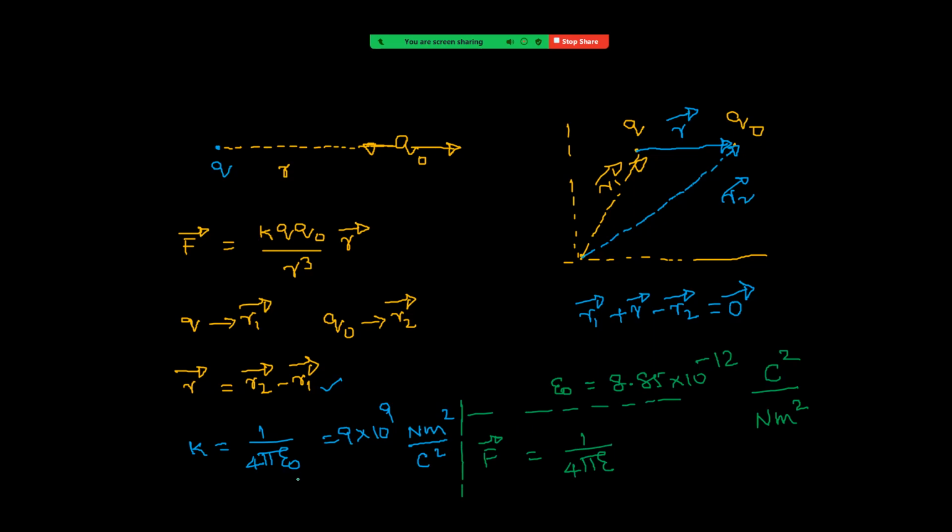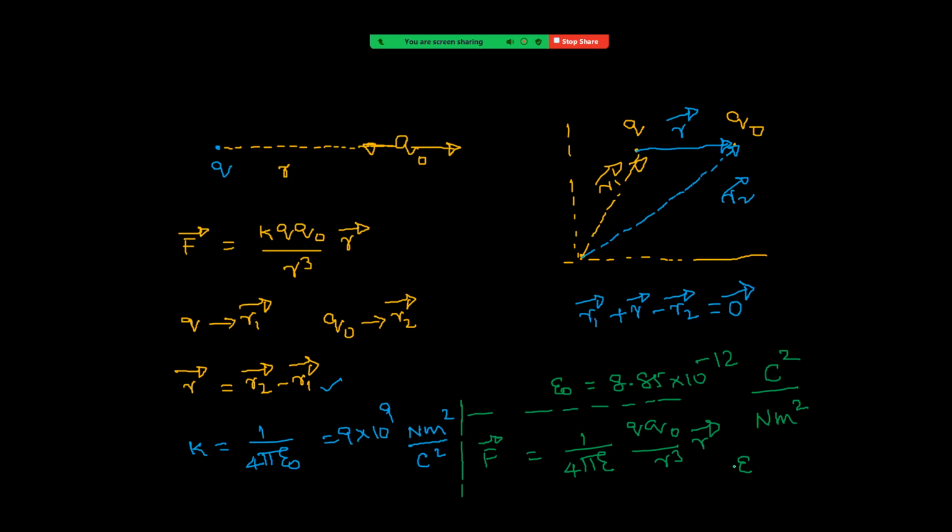Here we have taken epsilon naught, that is the permittivity of free space or air. Now in the place of epsilon naught, it is epsilon and the remaining as it is, that is Q Q naught by R cube into R bar. And coming to here, epsilon is the permittivity of medium.